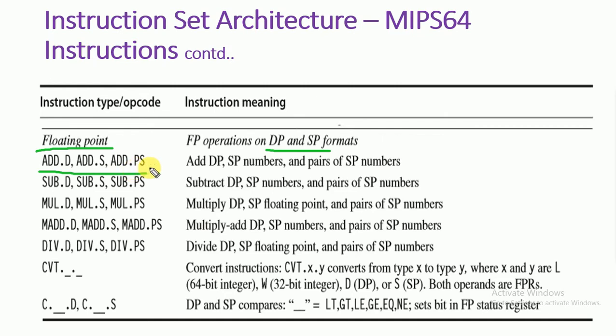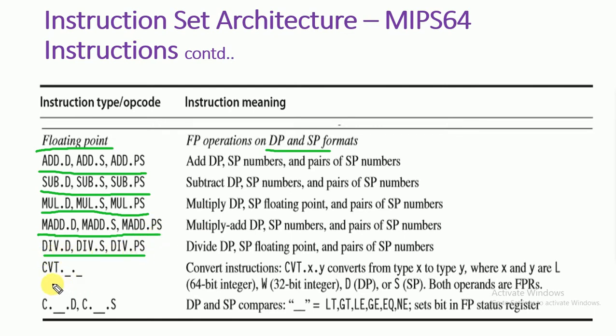Then add.ps, which is another format, covering both single precision and double precision numbers. Similarly sub operations, then mul operations for floating point values, multiply and add operations, then div operations.